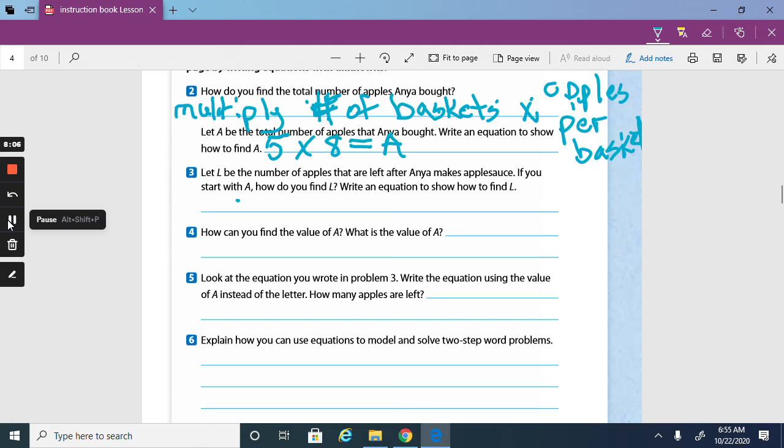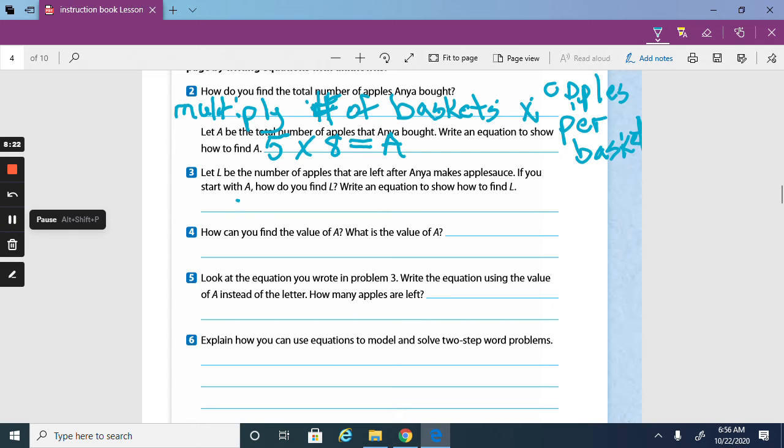Okay, you should have had some time to think about that or to discuss it with someone. We're trying to determine how we would find L. Remember that L is the number of apples that we are left with.